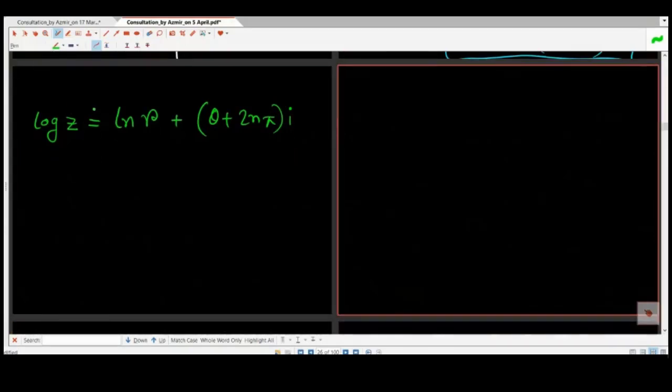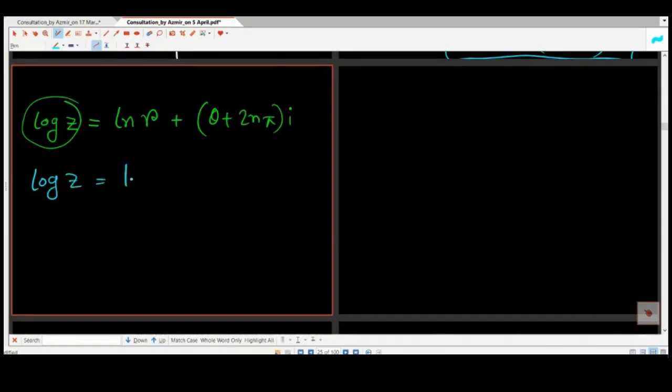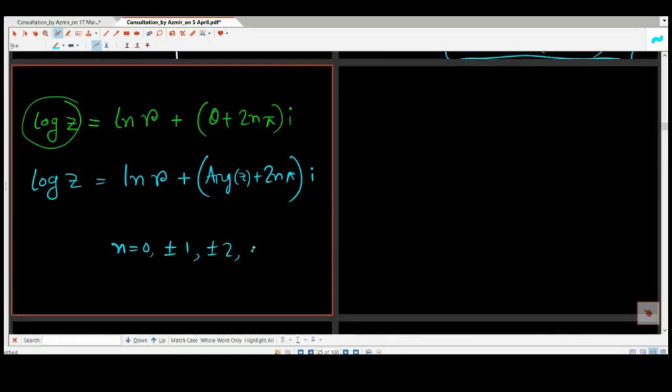So this is f of z, which is equal to this one. Here we can also write this one as log z equals natural log of r plus argument of z plus 2n pi i, where n equals 0, plus minus 1, plus minus 2, up to infinity.